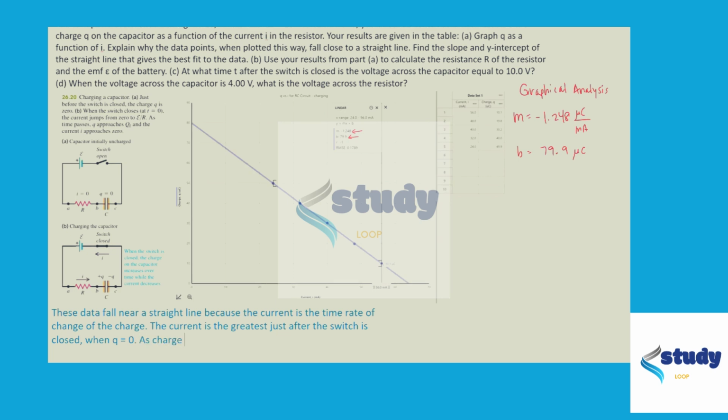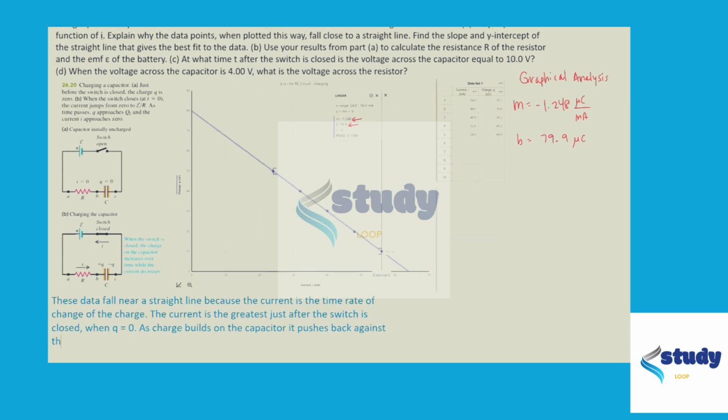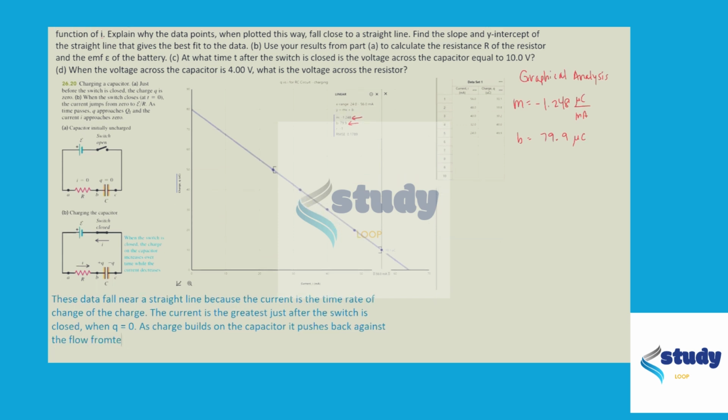As charge builds on the capacitor, it pushes back against the flow from the battery, and the current decreases.